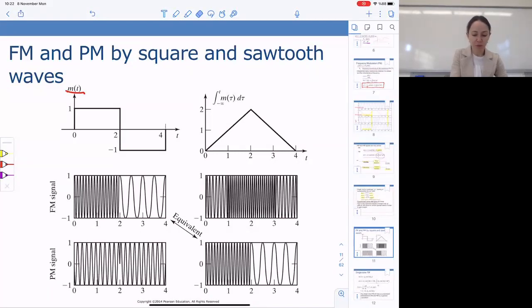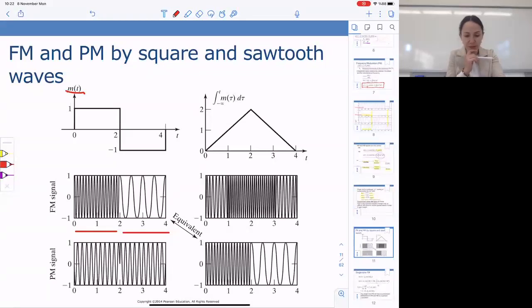Consider a sinusoid whose frequency, well, it's hard to tell, but from 0 to 2, it is higher than average, and from 2 to 4, it is lower than average.